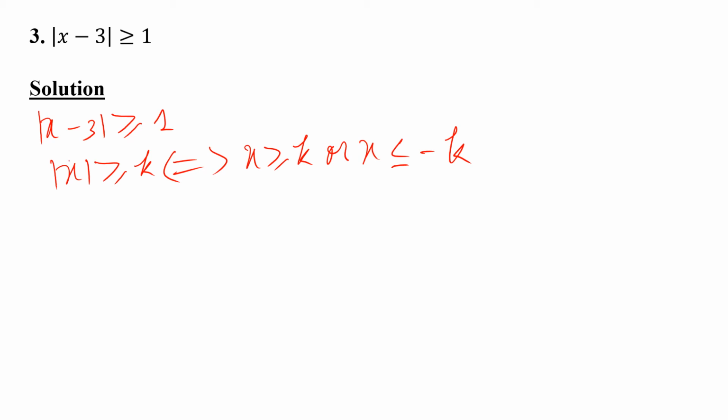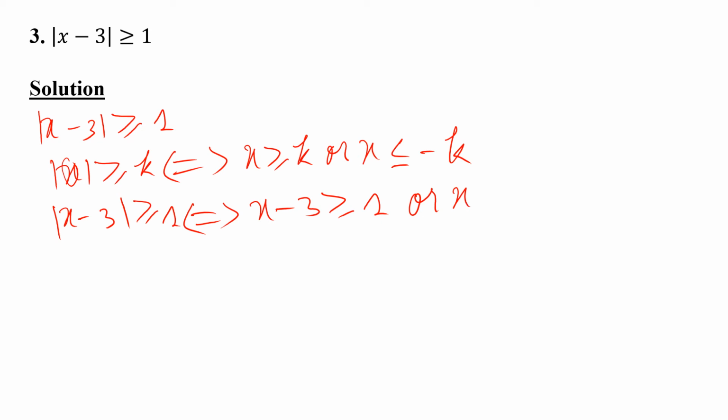Now, we replace this x here by x minus 3. We have x minus 3 greater than or equal to 1 is equivalent to x minus 3 greater than or equal to k, which is 1, or x minus 3 less than or equal to -1.